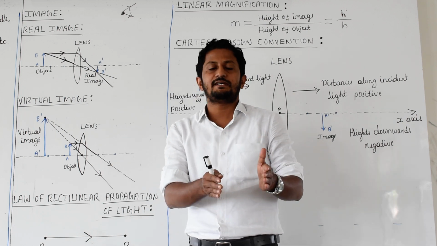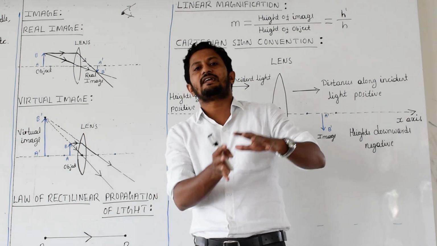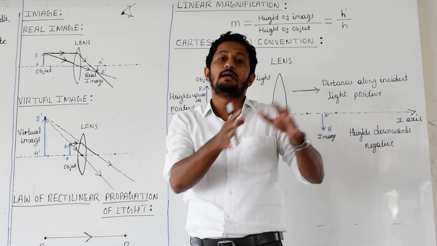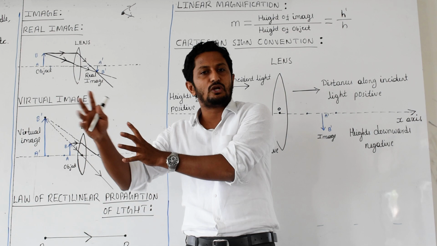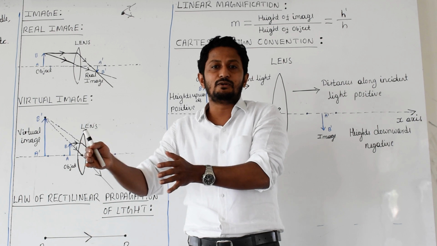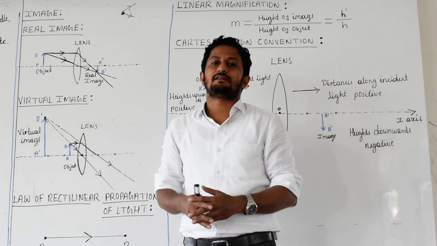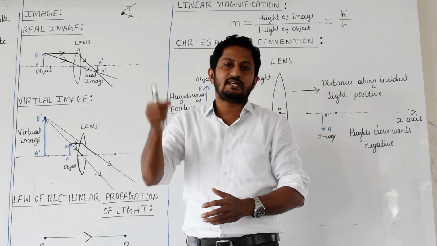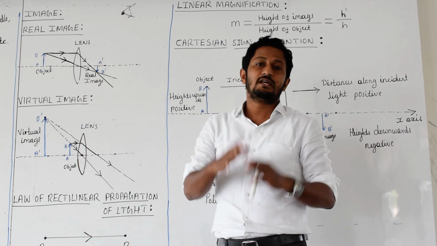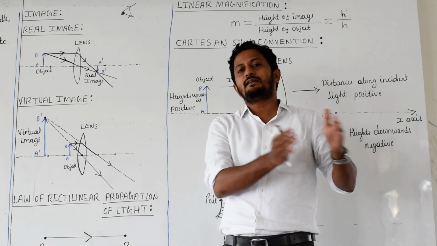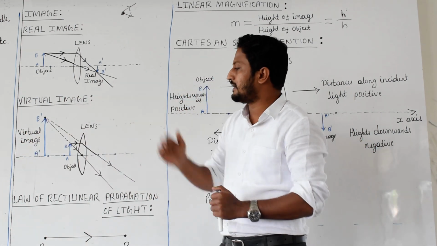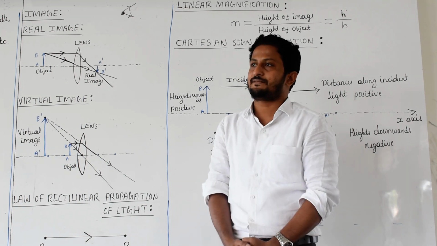A real image we can see and also get on a screen. A virtual image we can see but are unable to get on a screen. Simple: real image we can get on the screen, virtual we can't.